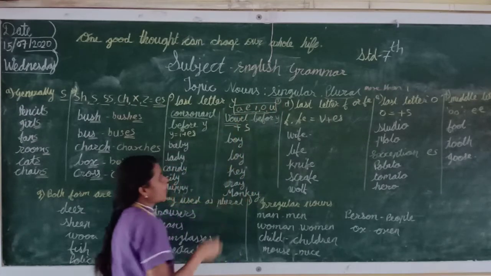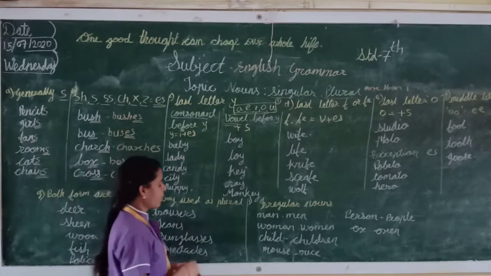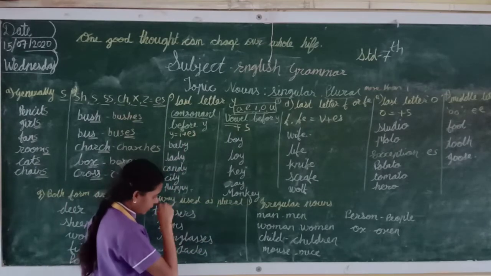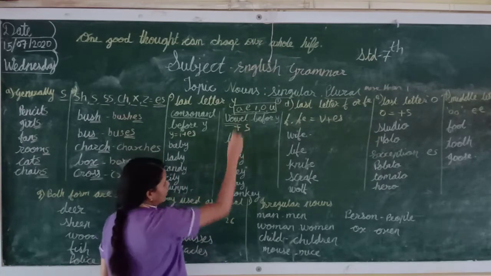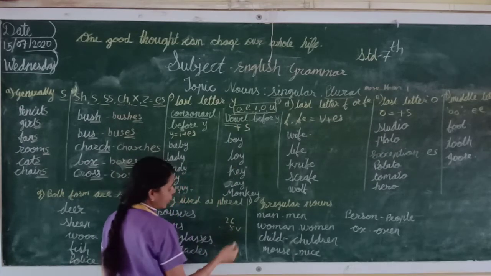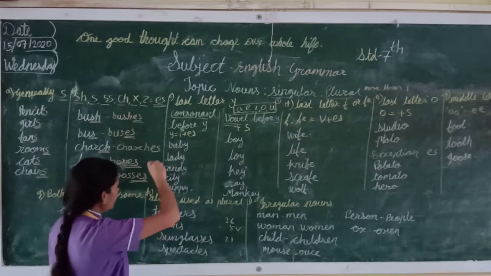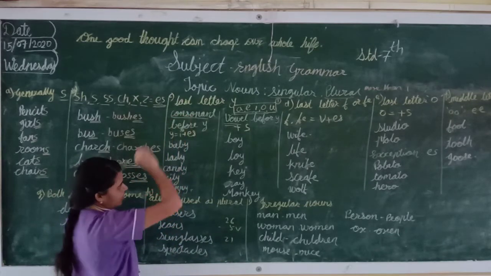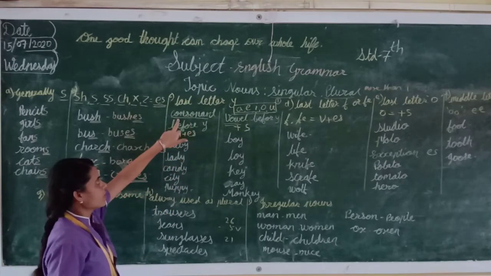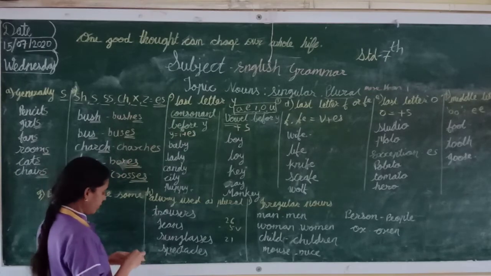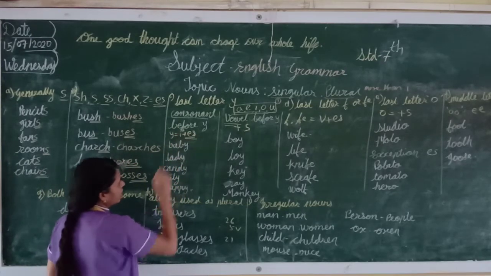In the alphabet there are 26 letters; 5 are vowels and the remaining 21 letters are consonants. When there is a consonant before y, we have to convert y into i and join es.